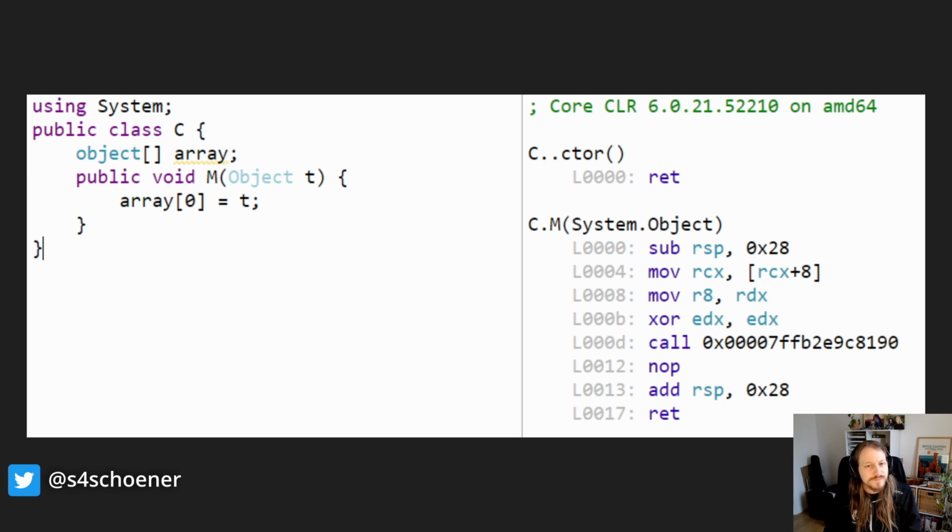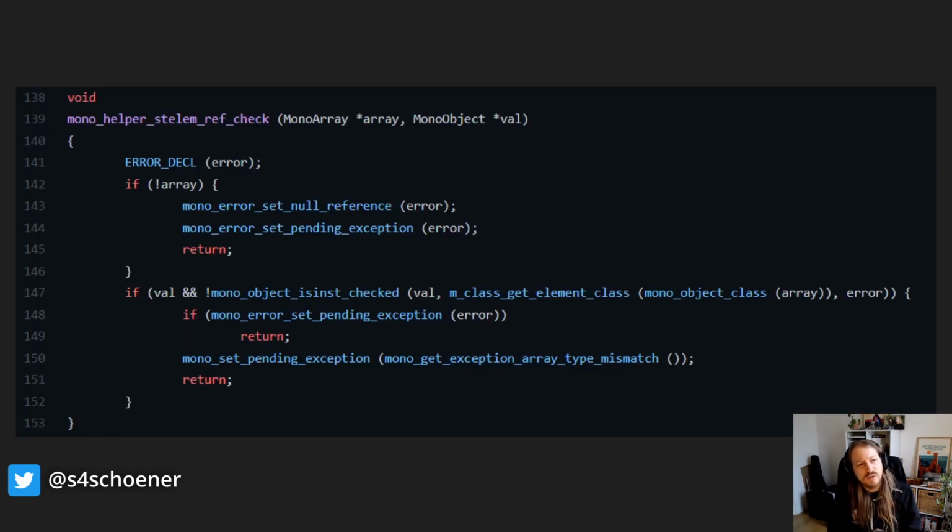So what are we actually doing here? We're calling into this wonderful function. It's the Mono helper that checks, when you have a store element, stelem, IL instruction, that things match up. In particular, what I'd like to call your attention to is that we are checking whether the value that we're writing into the array is an instance of the element type of the array.